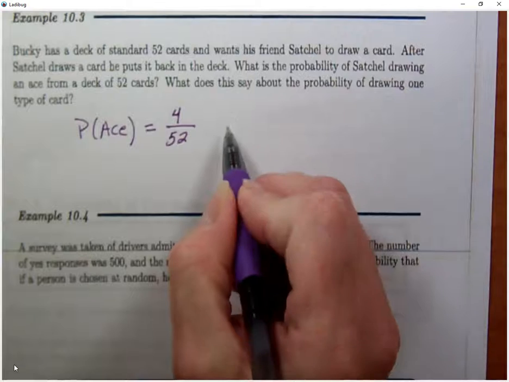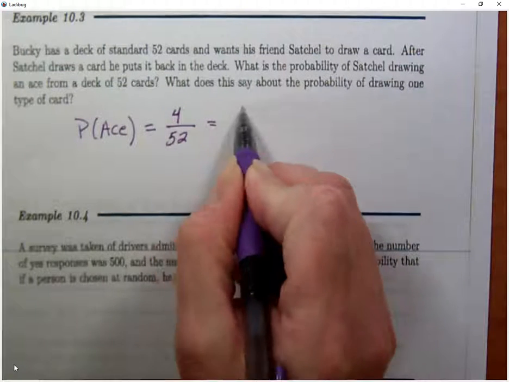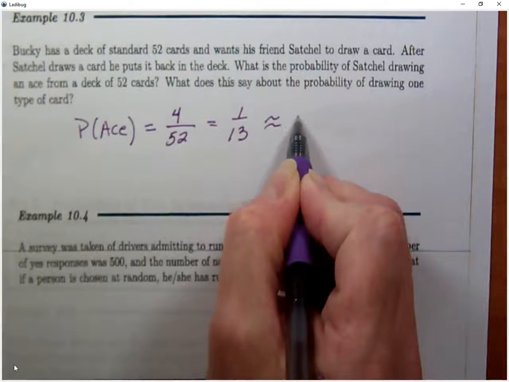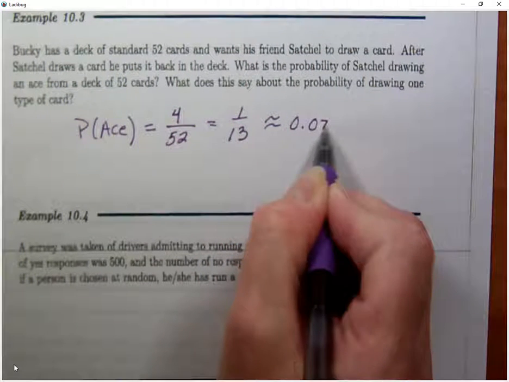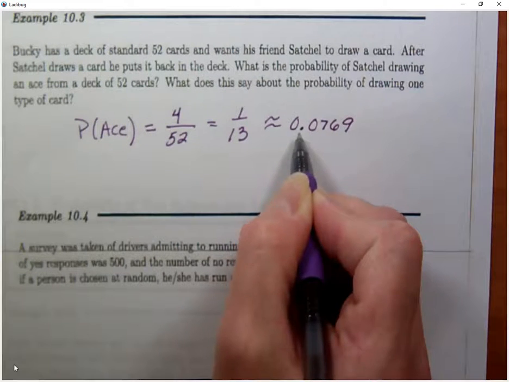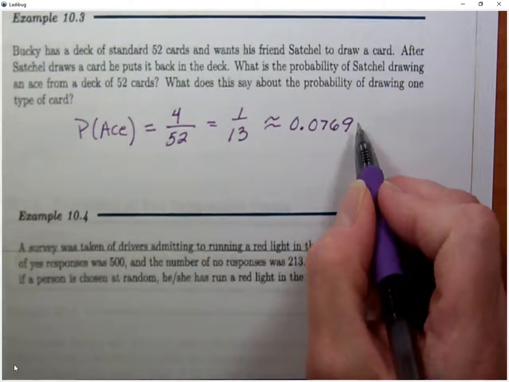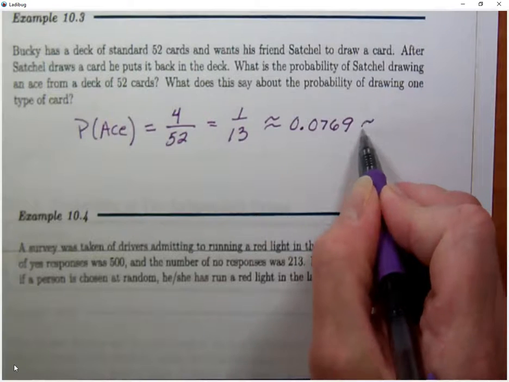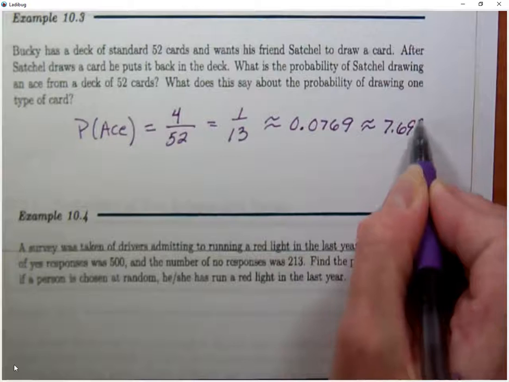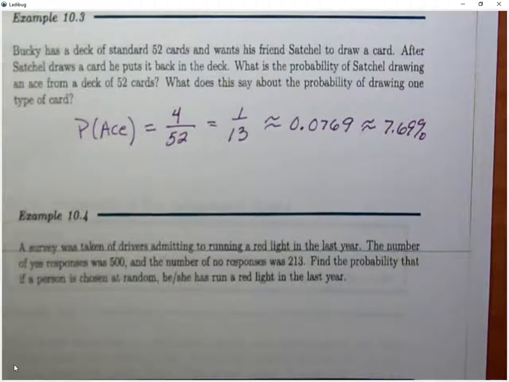And then we're going to reduce that to 1/13, or we could round. A lot of times with probability too, we also drop this front 0 there. And that would be about 7.69% if we wanted to write it as a percentage.